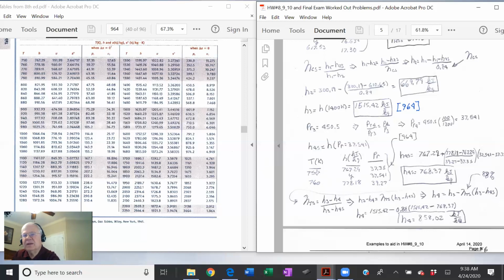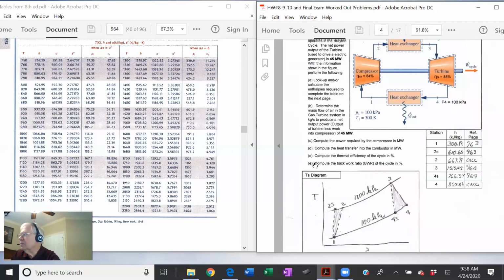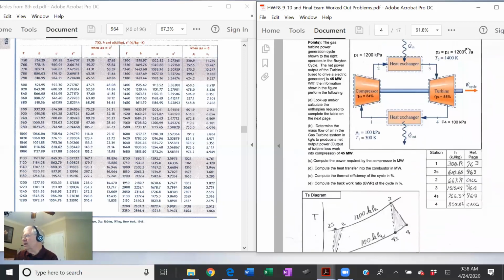Let's look at that for a minute. We came into this turbine at 1400 degrees and came out at 700 and something degrees, and we need to get it back to 300 degrees before we go in the compressor. So see all that heat that's available there, 760 degree air. We're just wasting it here, getting rid of it. We're going to use that later in the combined cycle, is what I'm getting at.